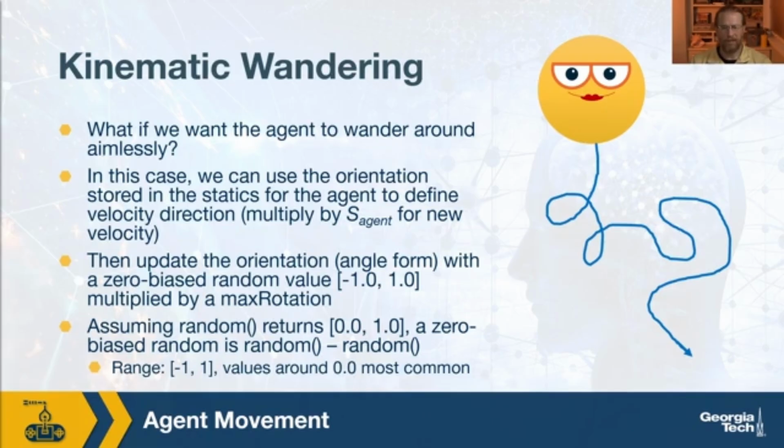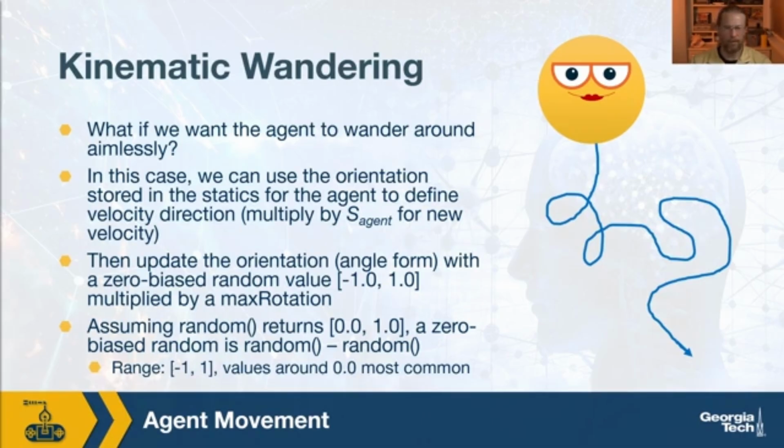And if we have rotation changes that are too extreme, it's going to look really disconcerting and certainly won't look right for most games. So instead, what we'll do is we'll take our orientation and add a little bit to the angle, either a little bit positive or a little bit negative.